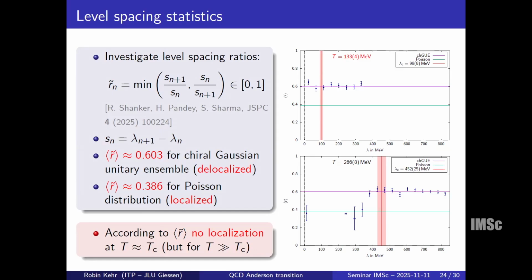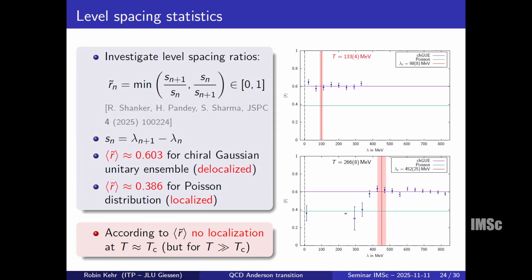For much higher temperature, we see here these localized modes. However, with bad statistics, since the localized modes are really rare, so we really have to increase it to make a statement about that.